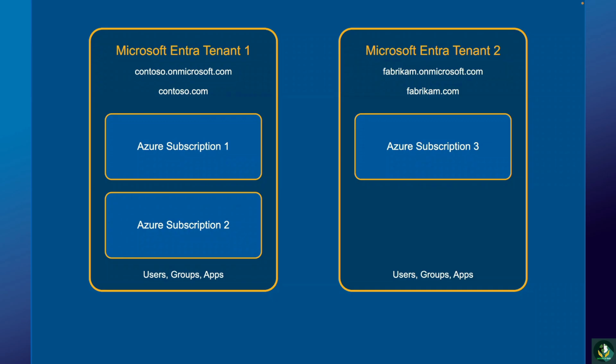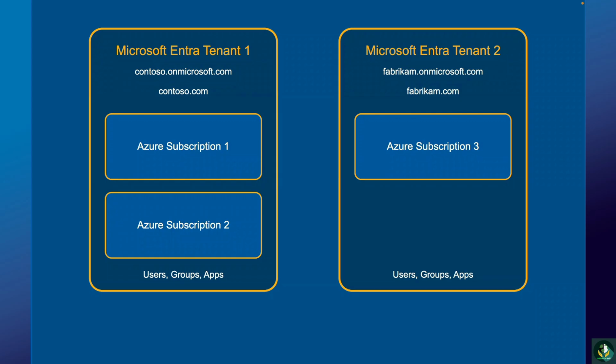Conversely, a single Microsoft Entra tenant can be associated with multiple Azure subscriptions, enabling centralized identity management across multiple subscriptions. So again, one subscription, one tenant, but one tenant, several subscriptions.